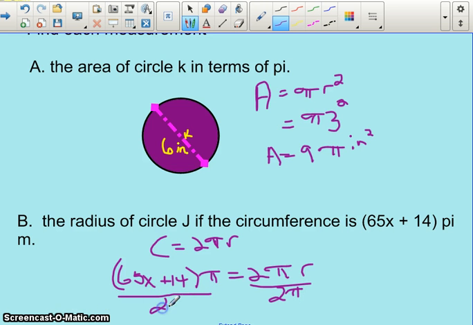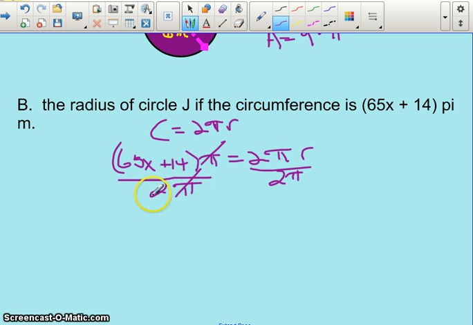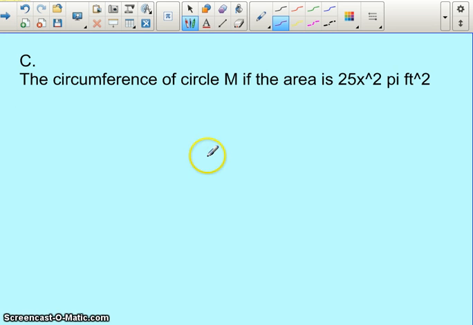The pi's are going to cancel out right there. So I need to divide 65 by 2, which would be 32.5 x. And then 14 divided by 2 would be a 7. And I found what my radius would be equal to. So 32.5x plus 7 meters is equal to the radius.